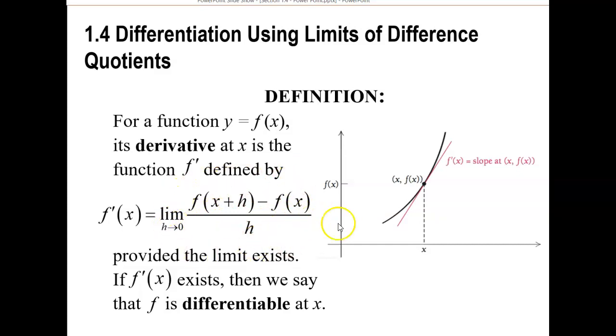So it is the slope of the tangent line at one point on the graph that is defined to be the meaning of the derivative. Okay, and that is provided our limit exists. And if f prime, or the derivative of f, exists, then we say that our function is differentiable.